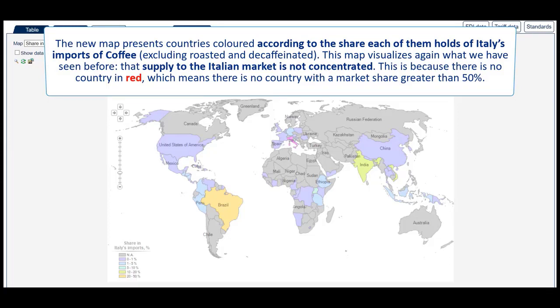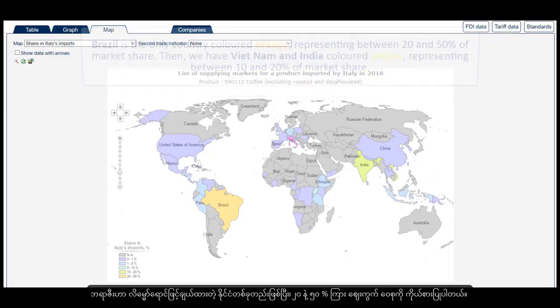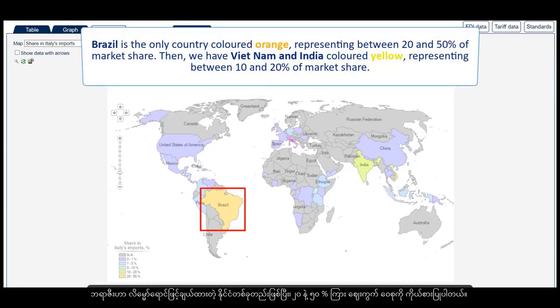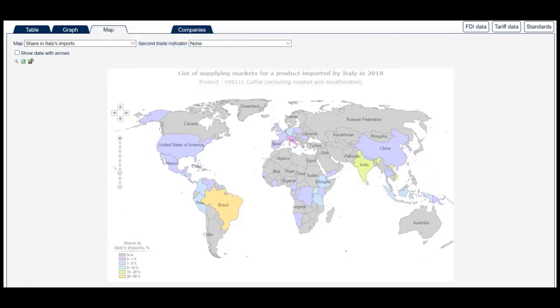concentrated. This is because there is no country in red, which means there is no country with a market share greater than 50%. Brazil is the only country colored orange, representing between 20 and 50% of market share. Then we have Vietnam and India colored yellow, representing between 10 and 20% of market share.